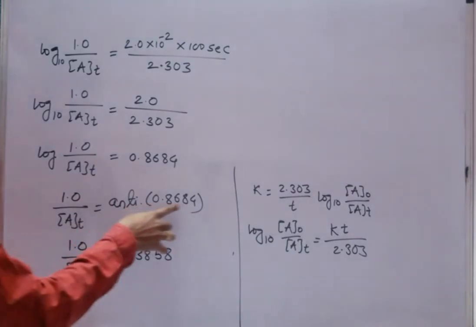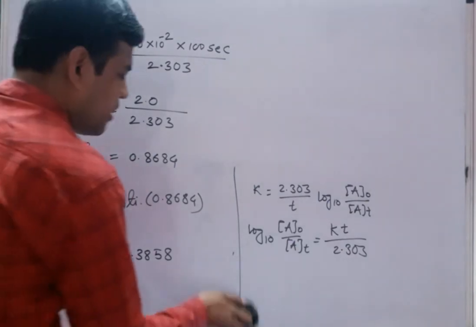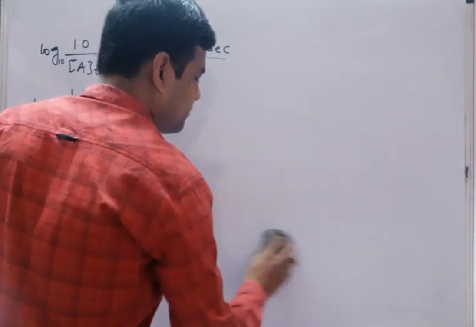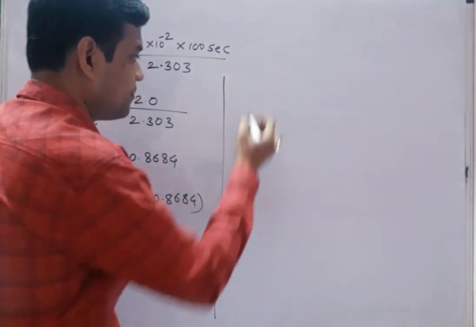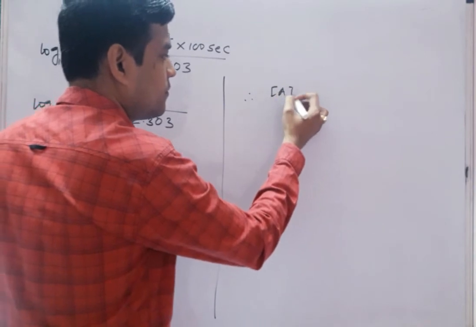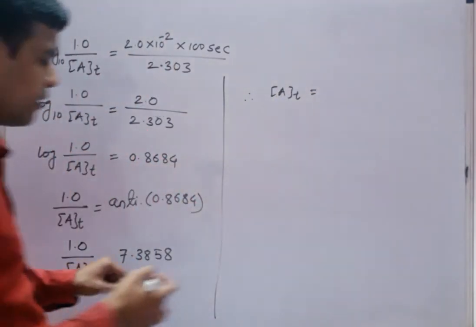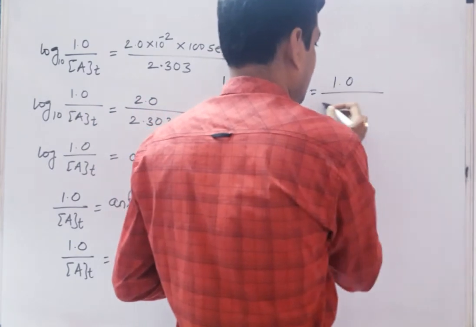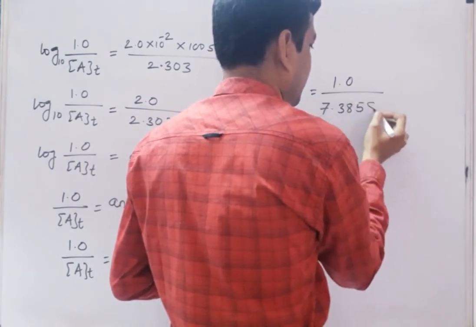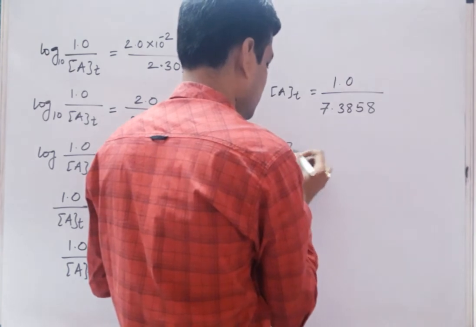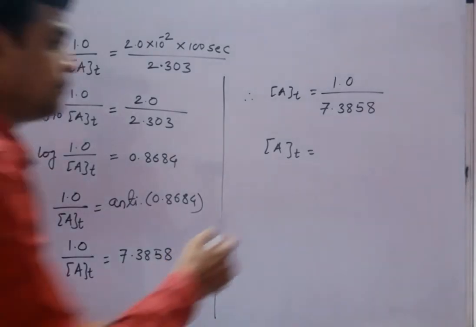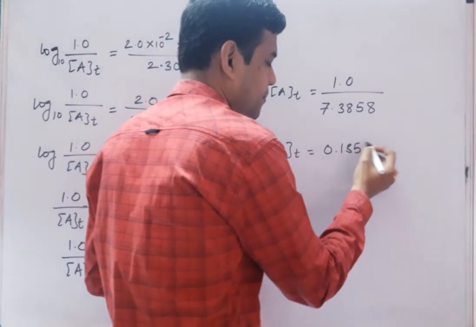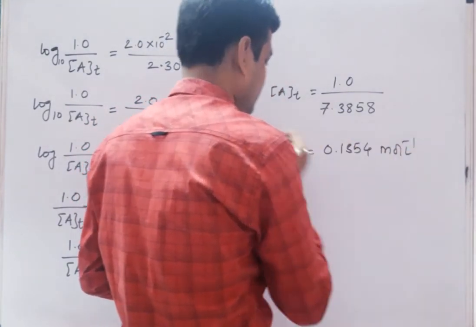आपको यहाँ पे 0.8684 का एंटीलॉग देखना है, मेन डिफरेंस 4 में. ठीक है, तो ये आएगा देखो, therefore A t is equal to 1 upon 7.3858. कॉन्सेंट्रेशन का यूनिट आपको पता है मोल्स पर लीटर, so it comes out to be 0.1354 moles per liter is the unit of this.